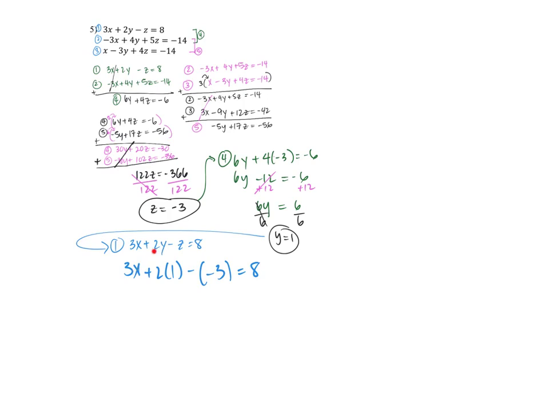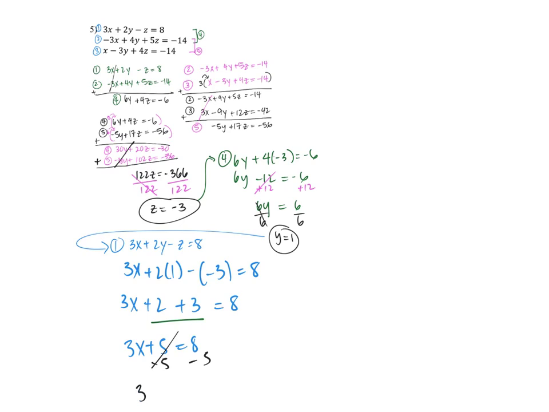So 3x comes down, 2 times y, which is 1, negative z is negative 3. If I work this out, this is 3x plus 2 plus 3 equals 8. These two are like terms, so that combines to make 5. If I subtract 5, that cancels.